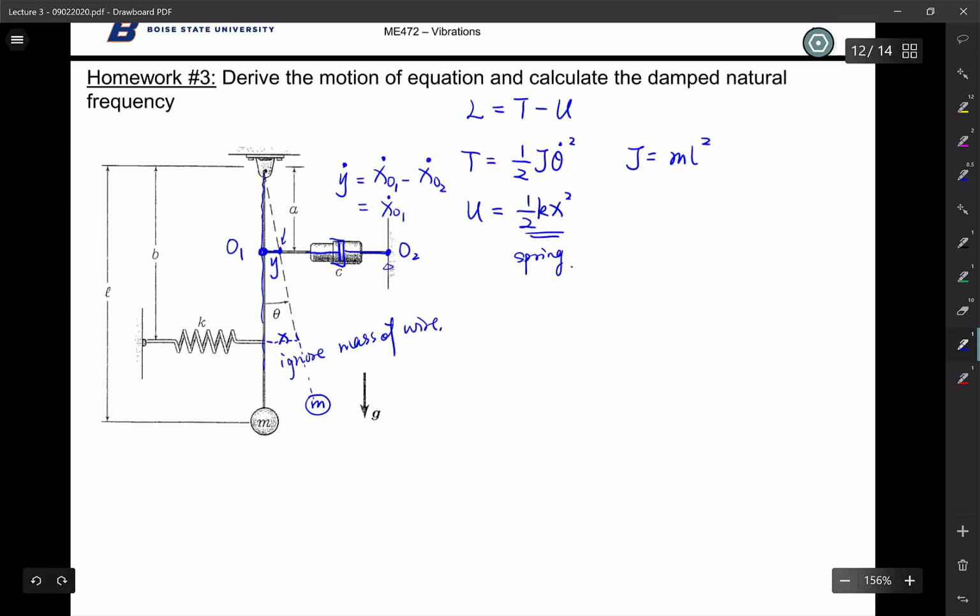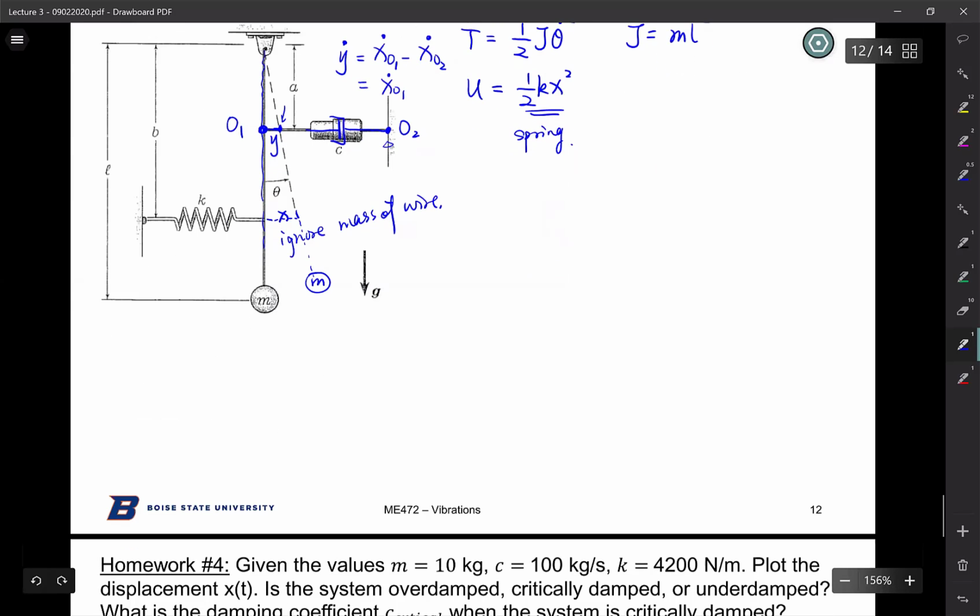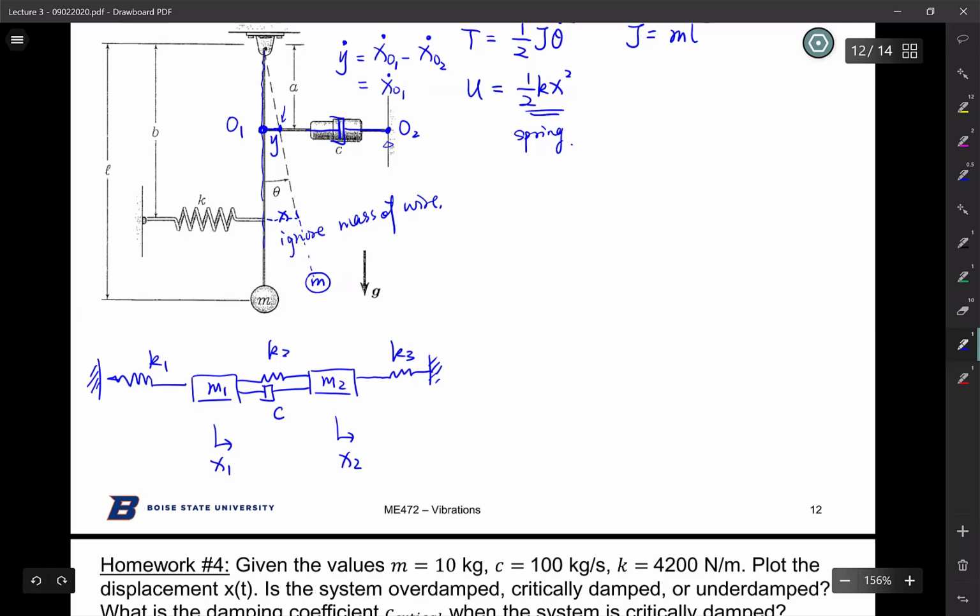Oh, okay. And in other systems where we have more degrees of freedom, that node might not be stationary? Yeah, exactly. I can give you an example. Say you have mass number 1 and mass number 2. That's your K1, K2, and K3, and then that's your damper, let's say C. Because you have two masses, you need to use two coordinates, X1 and X2, to describe the motion.